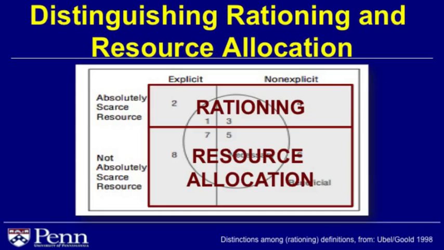Importantly, you can see that the area above the line, 1 and 3, are necessary services using explicit or implicit criteria in a situation of absolute scarcity. That would qualify with the second definition of rationing. On the other hand, 7 and 5, where you have necessary services but they're short because of money, is more likely related to resource allocation.